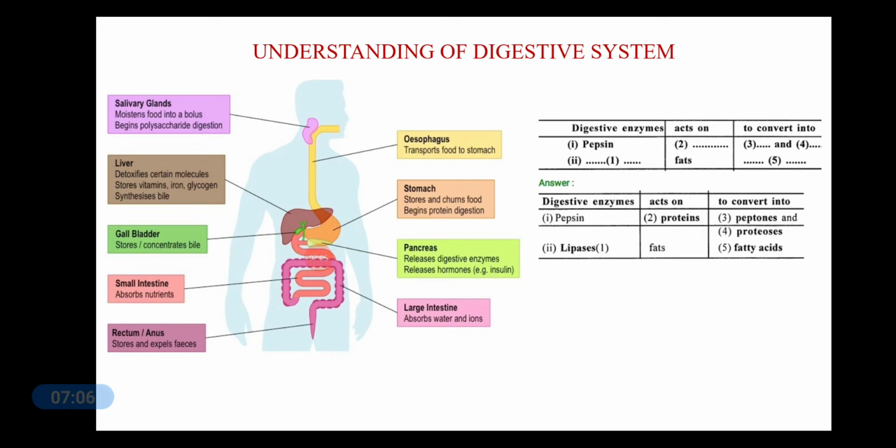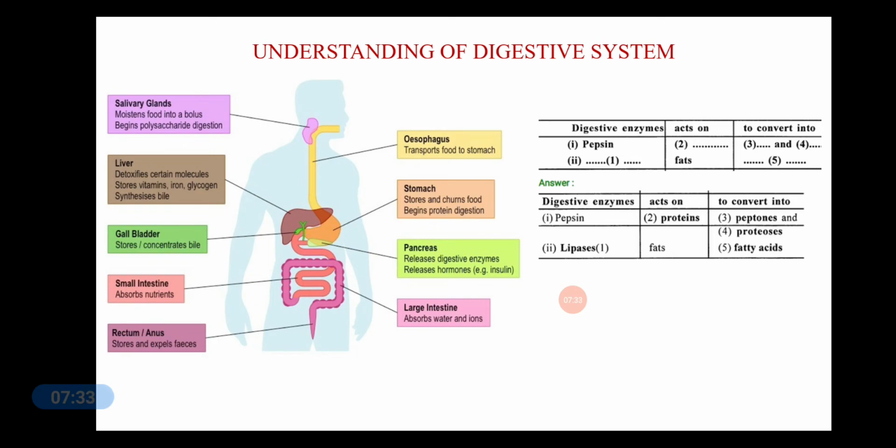The liver detoxifies certain molecules, stores vitamins, iron, glycogen, and it produces bile. The pancreas releases digestive enzymes. These digestive enzymes are mixed with the food so that it can be absorbed by the small intestine. The gallbladder stores the bile.